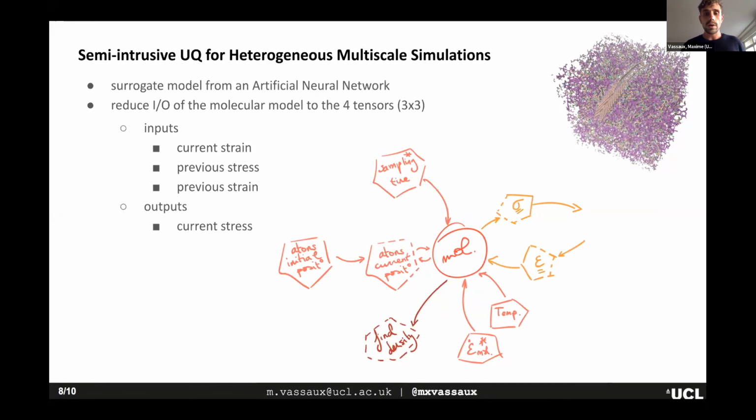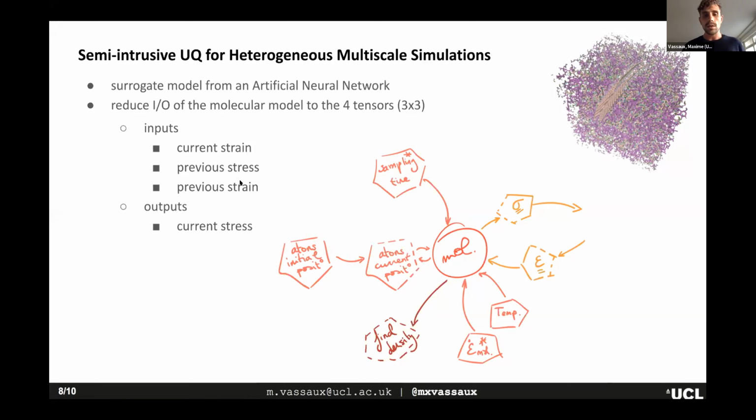We were able to find a unique state of the molecular system when it comes to mechanics by just considering 3 inputs, which were 6-dimensional inputs: the current strain, the strain at the previous time step, the past strain, and the stress at the previous time step.